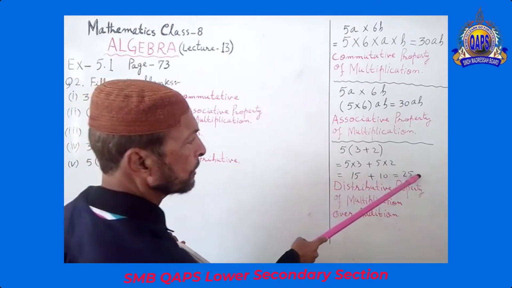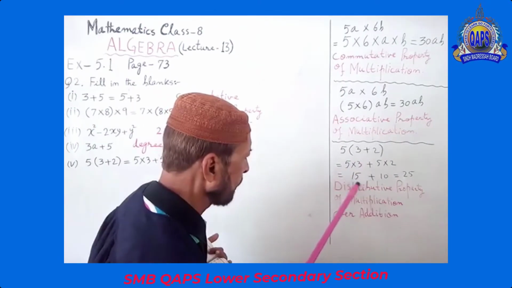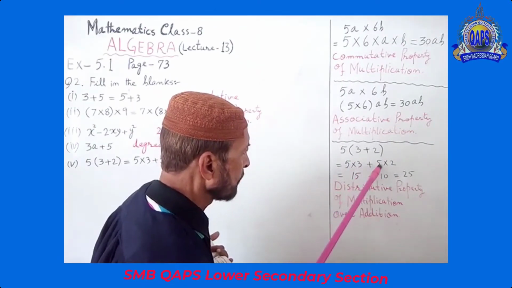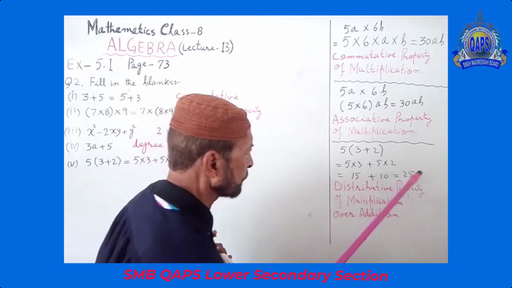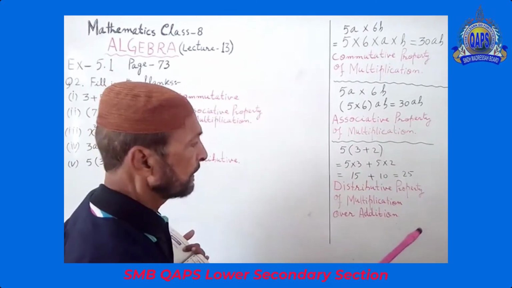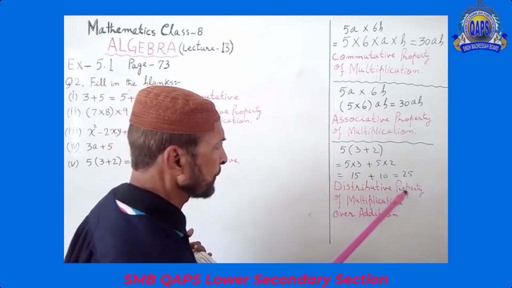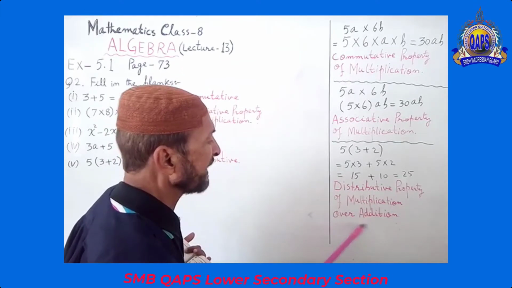So 15 plus 10 is equal to 25. This type of expression is called distributive property of multiplication over addition.